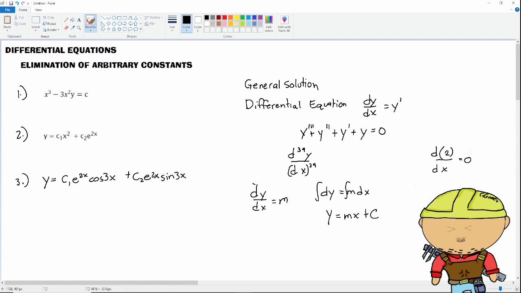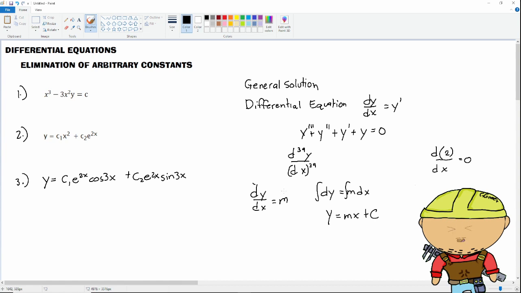When we integrate an equation, we add c to represent the constant, and we call it an arbitrary constant. We call it arbitrary because we don't know the value. It can change to any specific case. It doesn't have any fixed meaning or value in the equation.